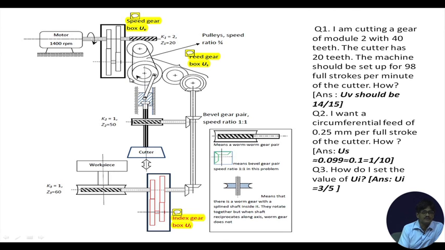So, this one rotates once, and therefore, we can say the input to the feed gearbox is only one rotation. So, once we give one rotation to the feed gearbox, it outputs US number of rotations, and this passes through this worm and worm gear, and ultimately rotates this particular gear. Let us find it out.